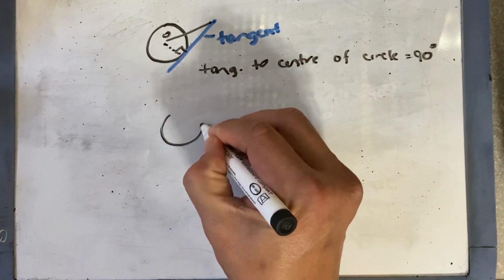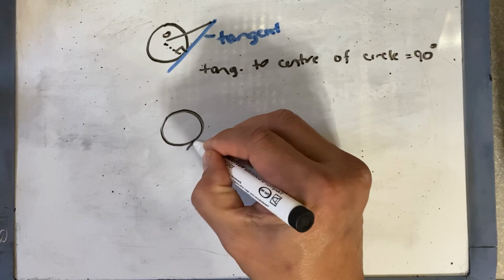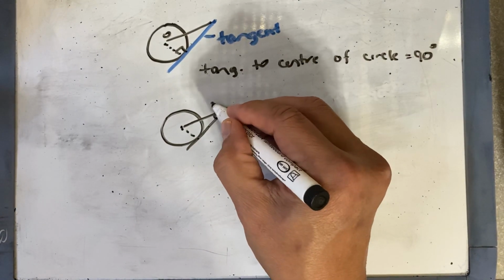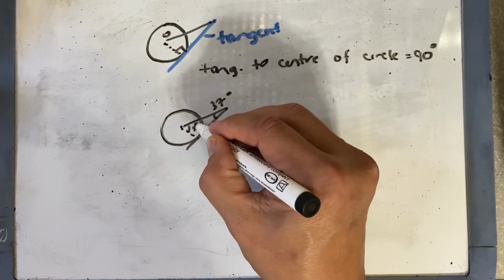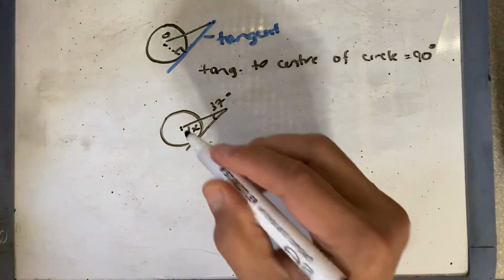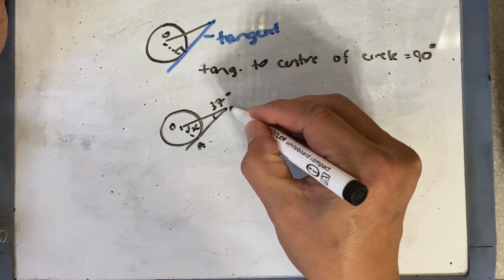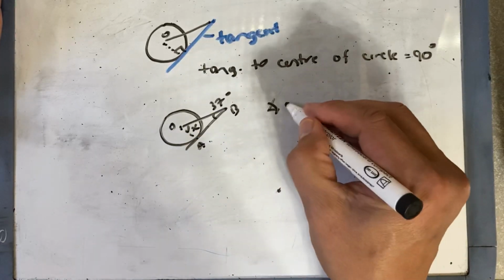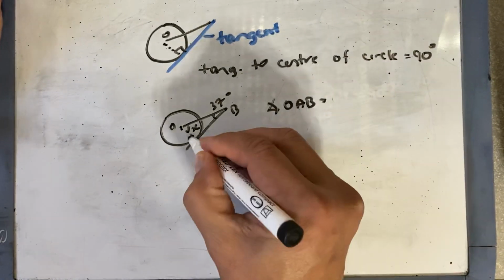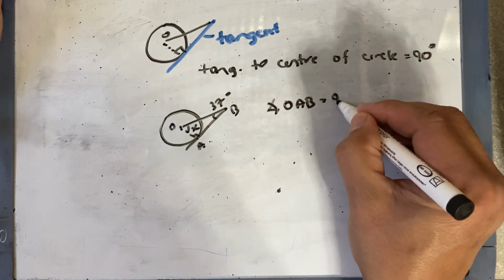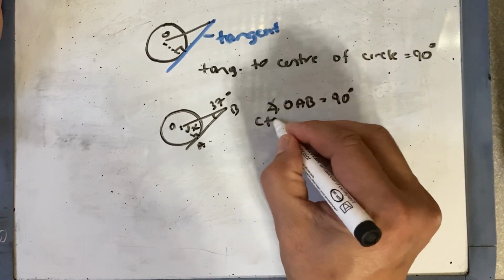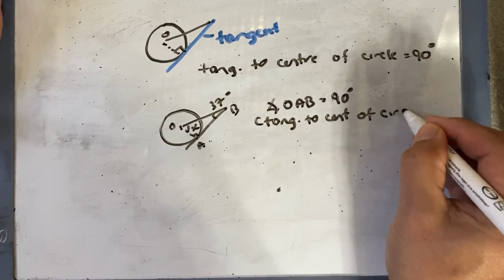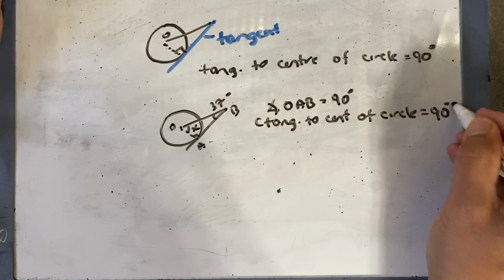If you have the same example with numbers now, okay, that's the tangent, that's the circle, and that is 37 degrees. You want to find X. So we label that O, A, and B. So we need to know that angle OAB, this angle here, has to be 90 degrees because the theorem states that the tangent to the center of the circle adds up to 90 degrees.